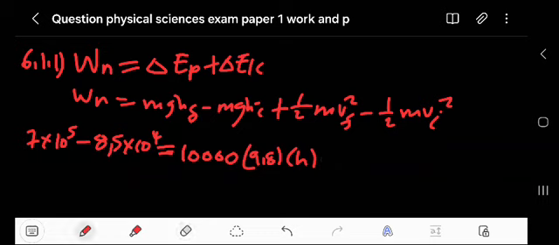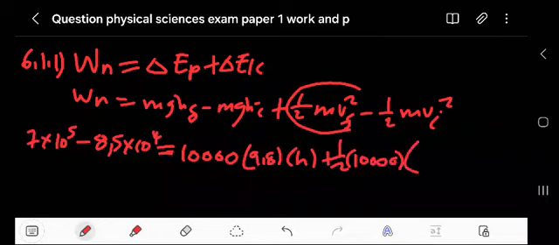So we'll have plus 1 over 2. I factored 1 over 2 and factored the mass, which is 10,000, times V final squared minus V initial squared. Remember, it's at constant speed, so V final will be the same. It won't change.